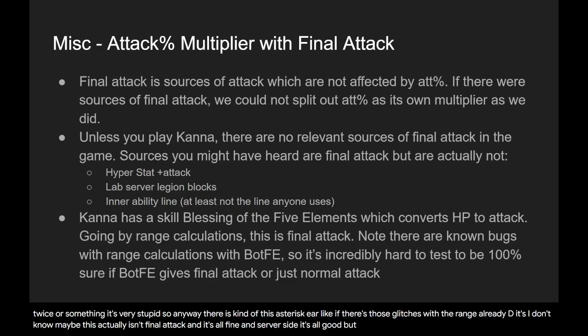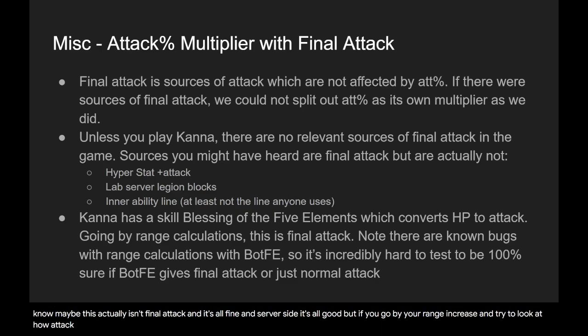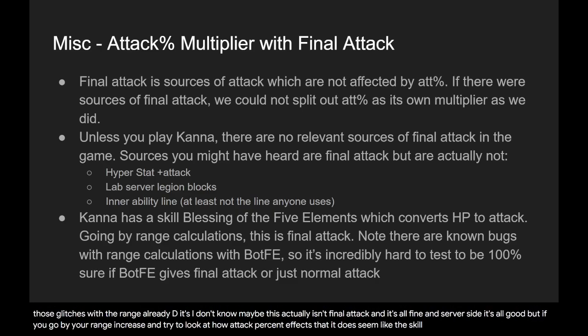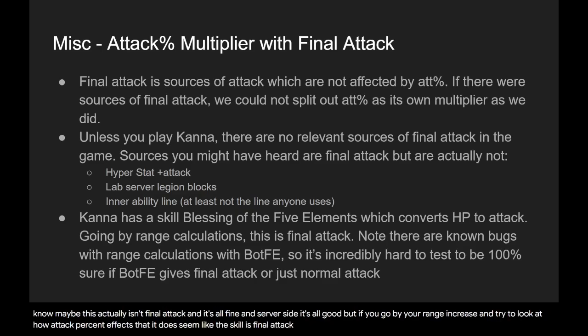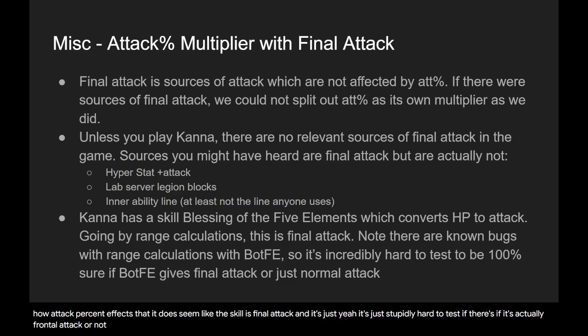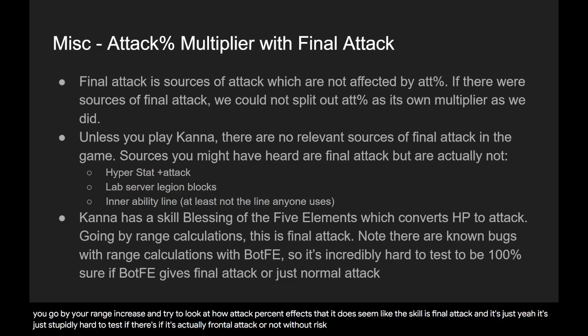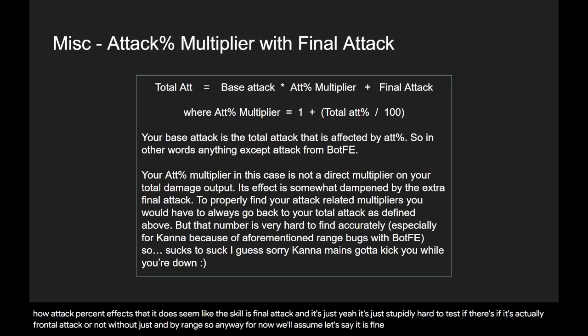But if you go by your range increase and try to look at how attack percent affects that, it does seem like the skill is final attack. And it's just stupidly hard to test if it's actually final attack or not without just going by range. So anyway, for now we'll assume, let's say it is final attack.